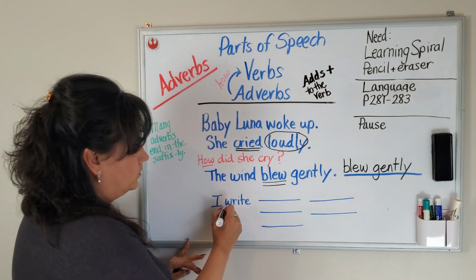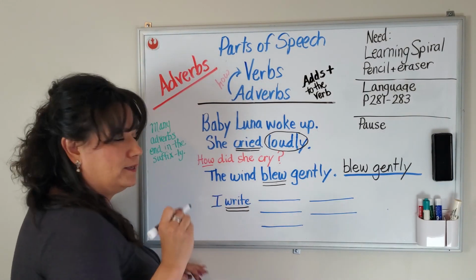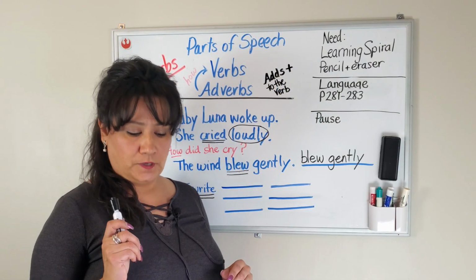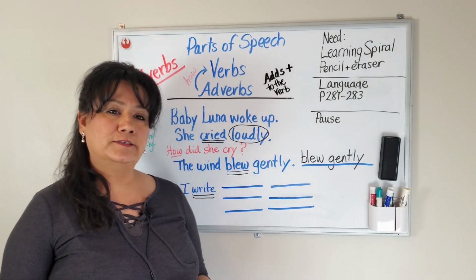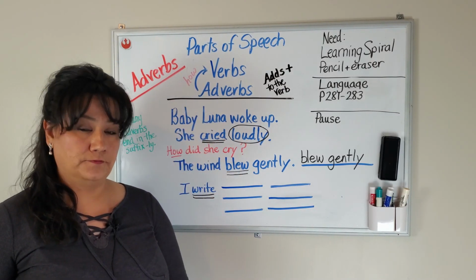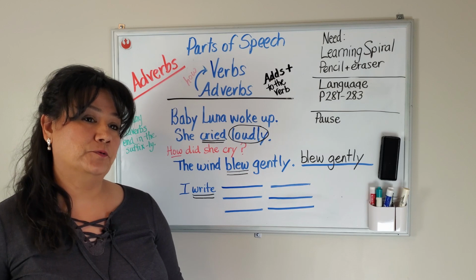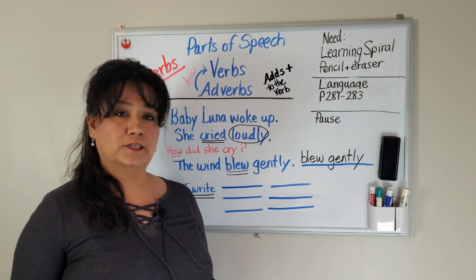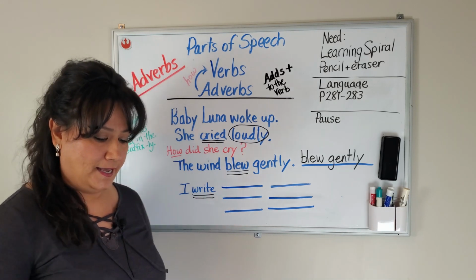I'm going to go ahead and underline write because we located our verb. Okay, now we're going to see how many ways we can write, and we're going to use adverbs to help us figure out the very different ways you can write. And I know you've been doing a lot of writing, which is wonderful. So let's see how you're writing.